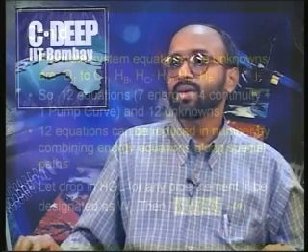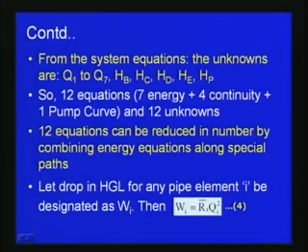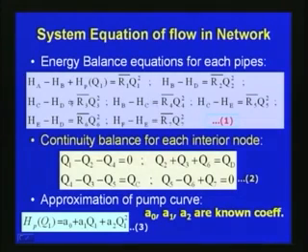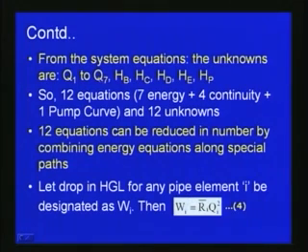So we have the same 12 equations: 7 energy equations, 4 continuity equations, and 1 equation corresponding to the pump curve, and we have 12 unknowns. This way the solution is fine, since we can easily get a solution to 12 equations and 12 unknowns.